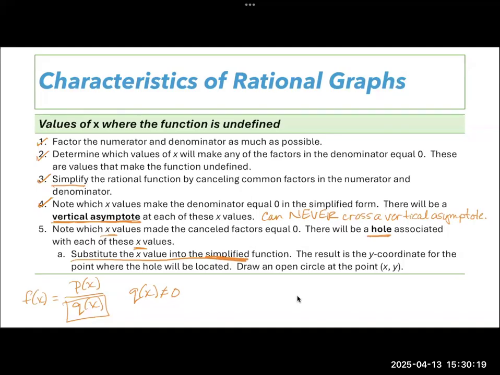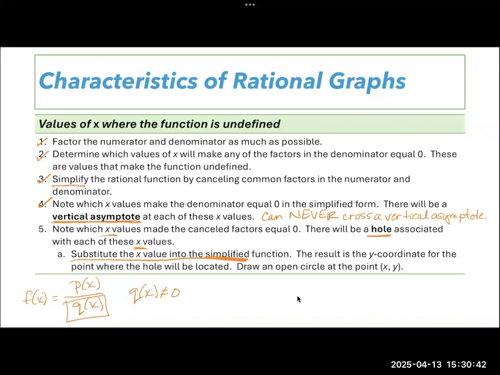And so whatever that XY combination is, you will put a little open circle at that particular point to represent a hole, which again means you cannot have a y value at that point because in the original function, it would make the function undefined.